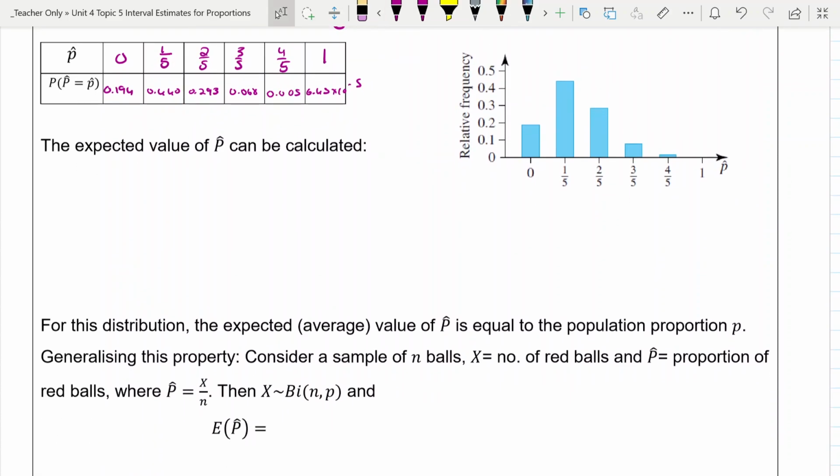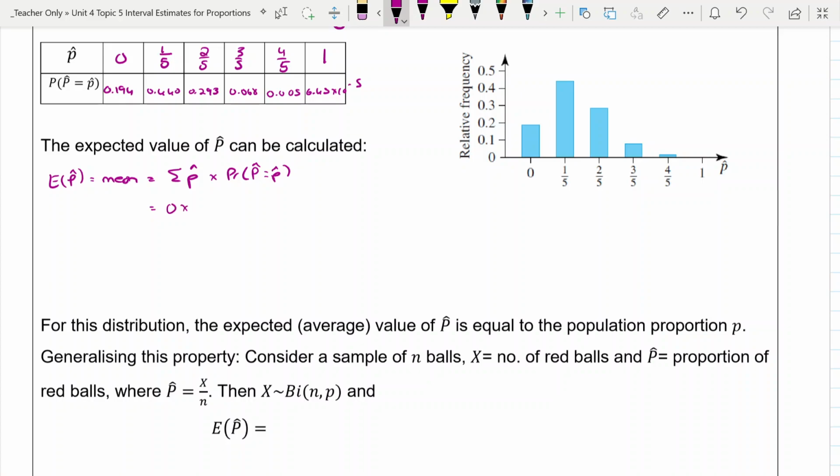And we can find our expected value for that. Our expected value is also going to be our mean. Remember that our expected value of p hat is the same as our mean. We can find that by saying it's the sum of p hat multiplied by my probability of p hat equaling p hat.